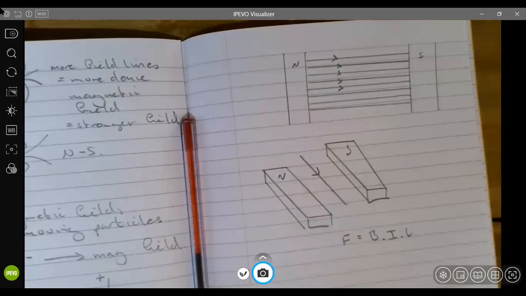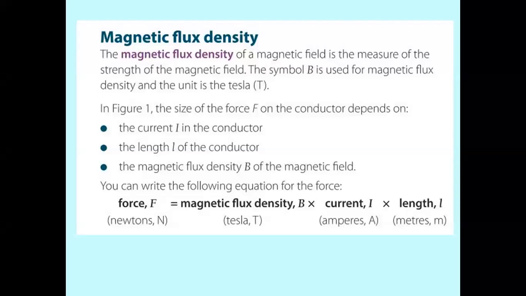So what you can see then is that the force acting on the wire, causing that movement, is determined by the magnetic flux density, B, in Tesla, times the current in amps, times the length in meters.